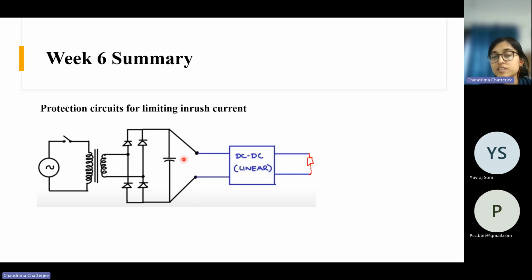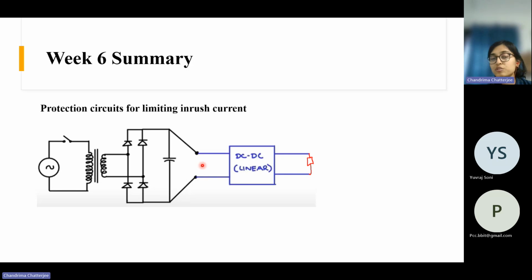Suppose you need a very stringent, very strict steady DC value. Suppose you need a 5-volt DC at your output, and in no condition it should vary from 5 volt. But if you only use this circuit, then if there is some variation in the input side, that will get reflected here also. This voltage will also vary and you can't regulate it in any way because there is only a diode and a capacitive filter.